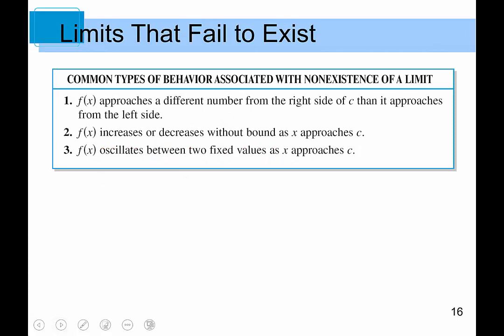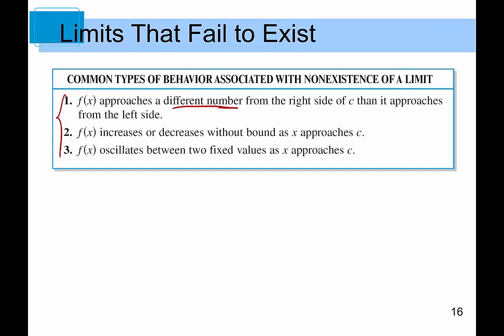There are three different common types of behaviors associated with non-existence of a limit. First, f of x approaches a different number from the right-hand side of c than it approaches from the left-hand side. The previous example exactly matches this one, meaning the left-hand behavior is different from the right-hand behavior.